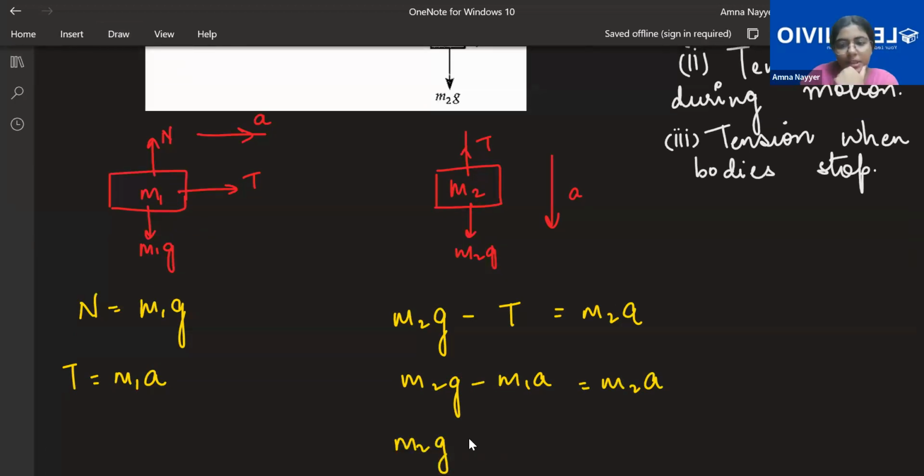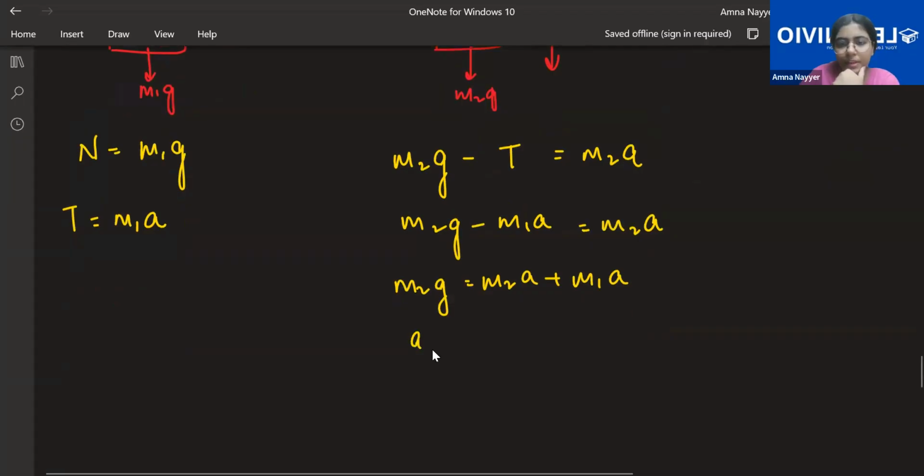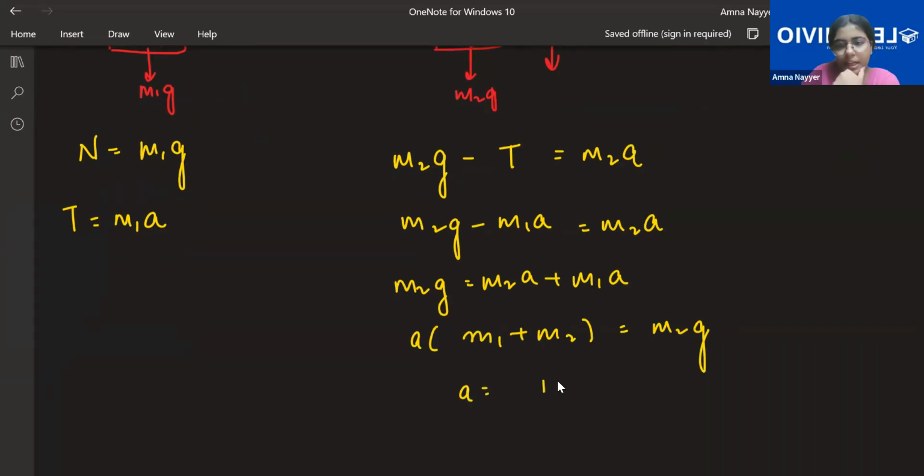So M2G will be equal to M2A plus M1A. I can take acceleration common, so I get M1 plus M2 times A equal to M2G. Acceleration will be M2G divided by M1 plus M2.